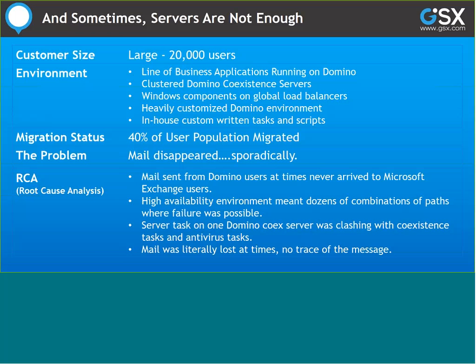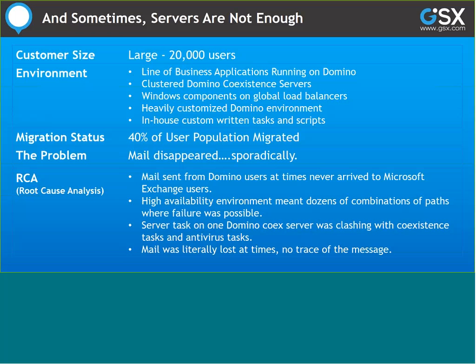It was a high availability environment, not as big as the previous example, so not as many servers, not as many installs. Off the top of my head, I guess two sets of installations, but there were a lot of paths from Domino to Exchange through coexistence, and we really had to work through these paths to determine what was going wrong.